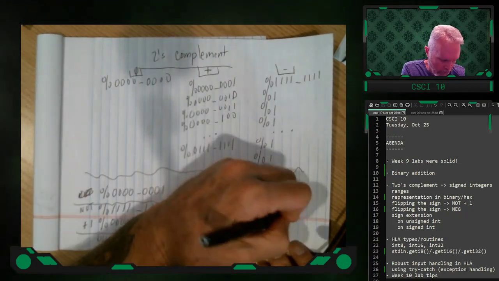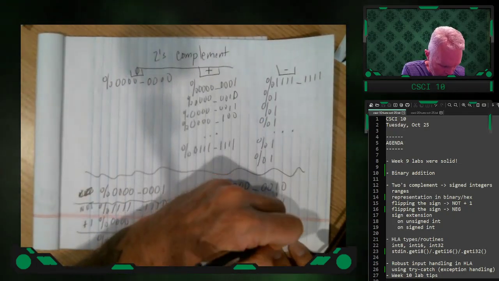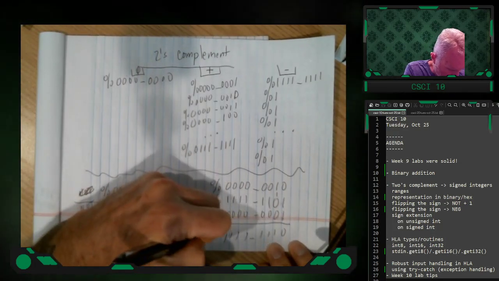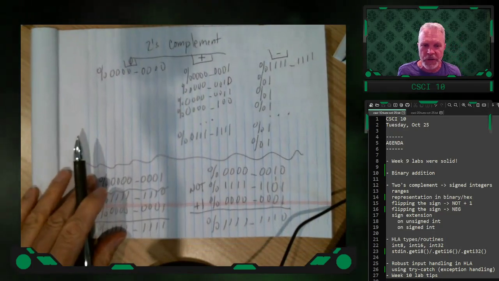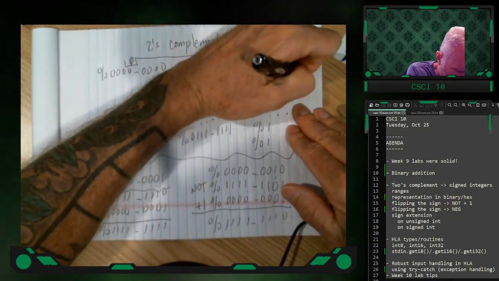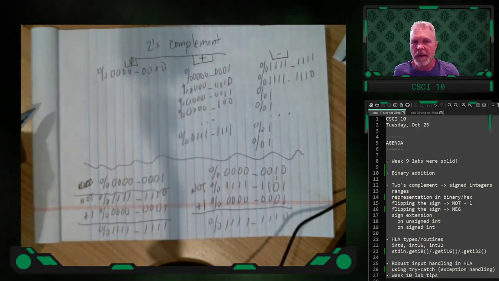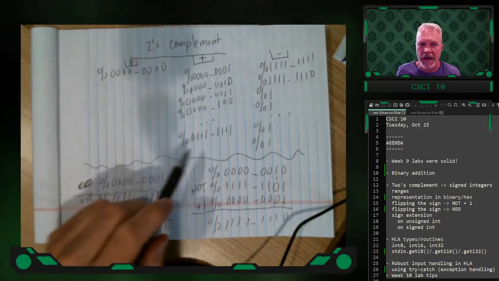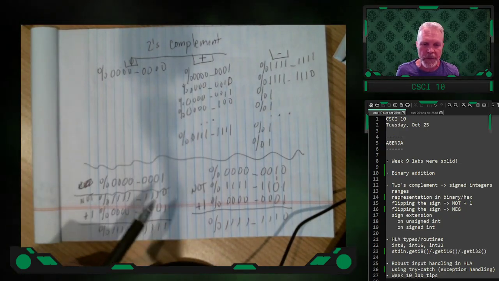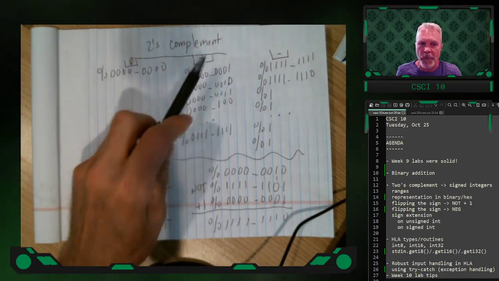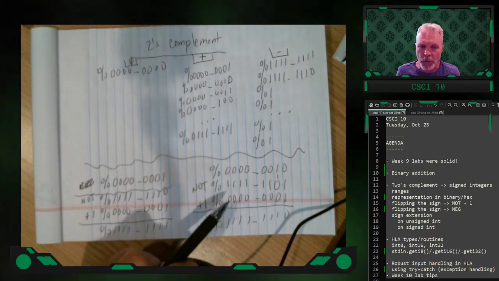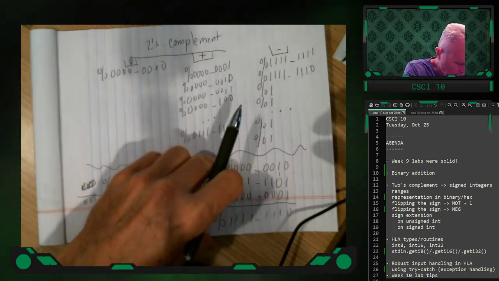We get, see, 1 and 1 is 0, carry a 1, 1, 1, 1, 1, 1, 1, 1. We get negative 2. So not too tough. I'll flip the page and I'll do a couple of the bigger ones, and then we'll also go in the other direction. So if you have a positive 2's complement number, you not it, you add 1, you get the negative number.